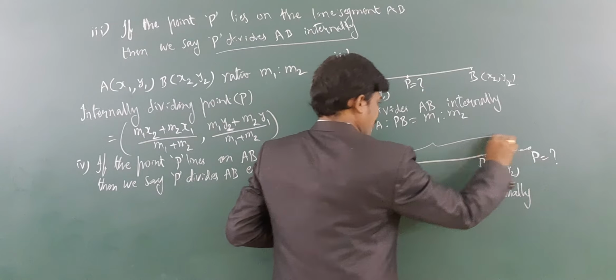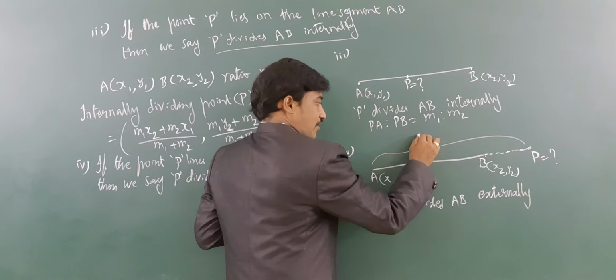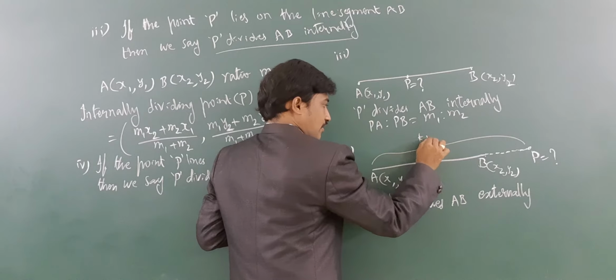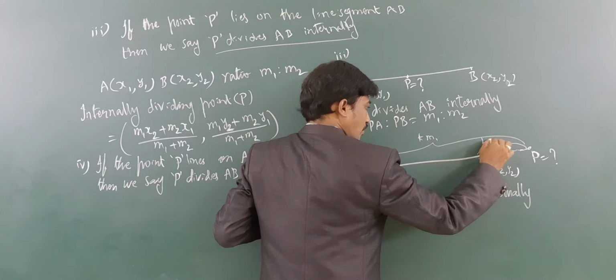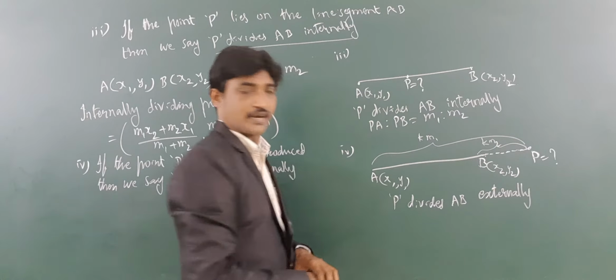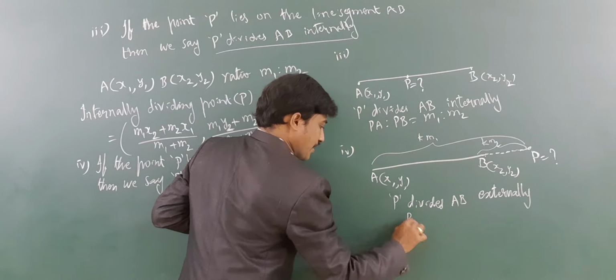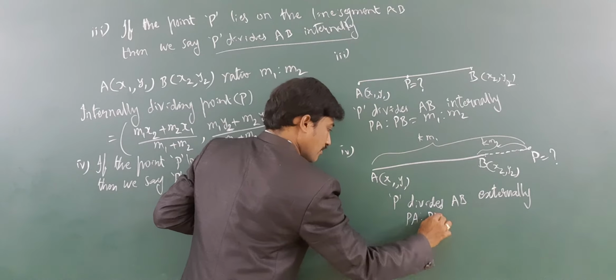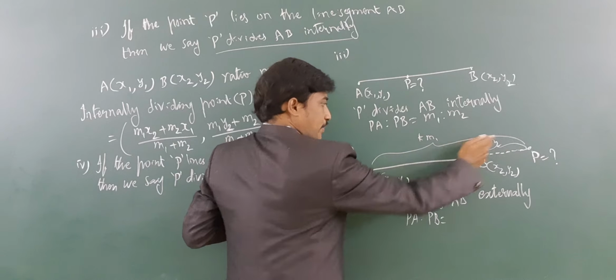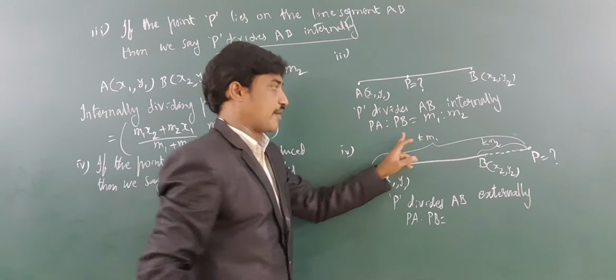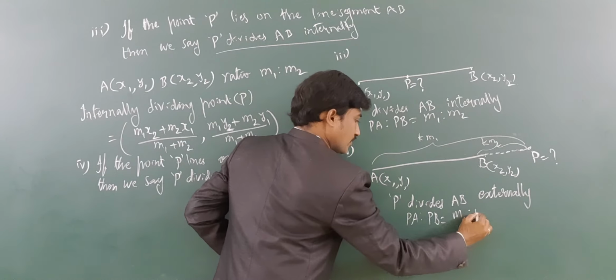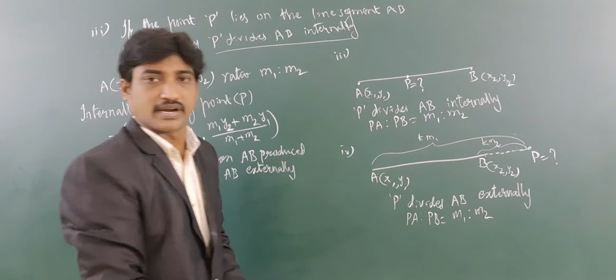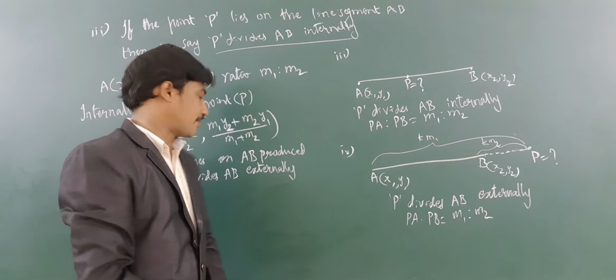PA is K m1 and PB is K m2 for some constant K. That means PA is to PB is K m1 is to K m2, that means m1 is to m2. Then we can find the external dividing point P.